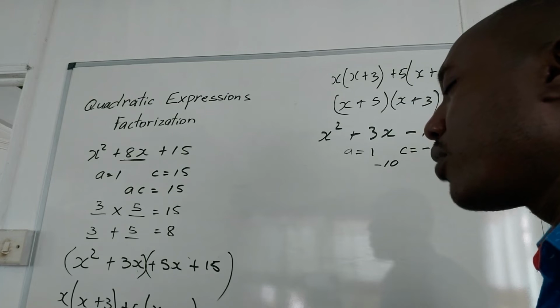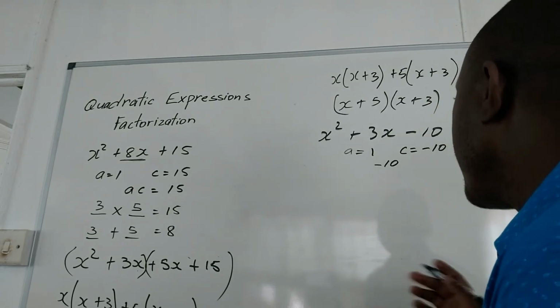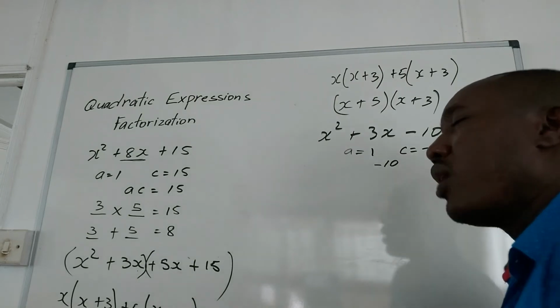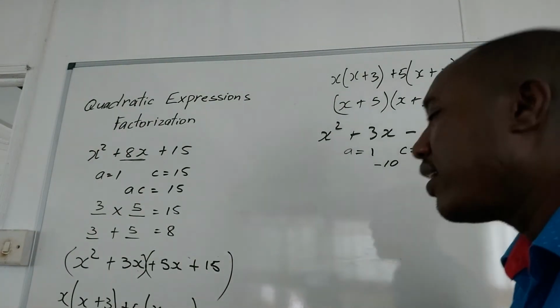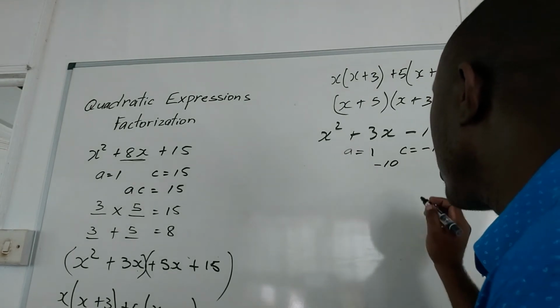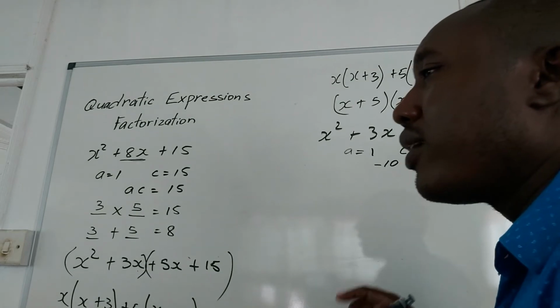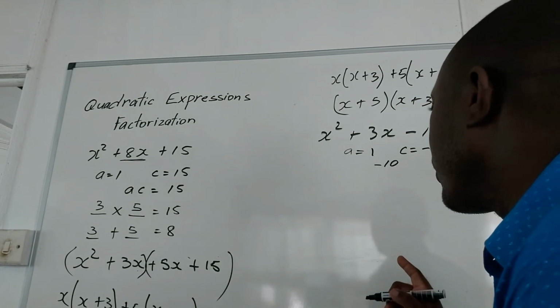We know 1 times negative 10, yes, but when we add those two numbers we won't get positive 3. So let's try another two numbers. We have 5 times 2 will give us 10. But remember that one must be positive and one must be negative.